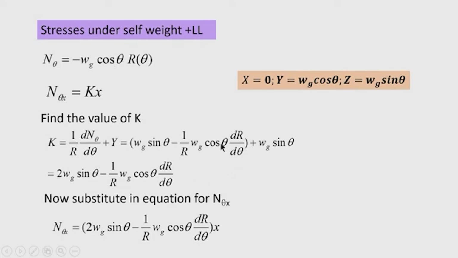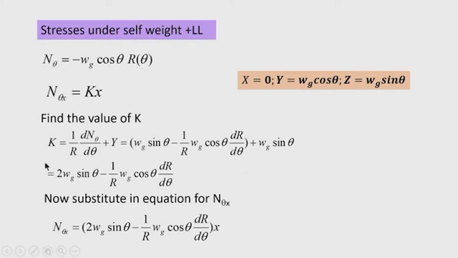So the d r d theta term comes because r is a function of theta. When r is constant, as in a circular cylindrical shell, this term vanishes.